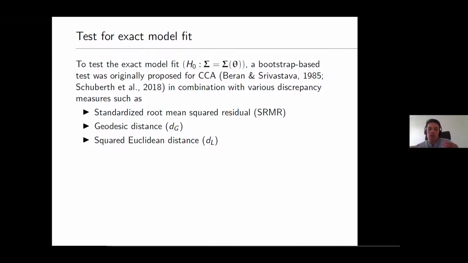These discrepancy measures measure the discrepancy between the sample variance covariance matrix of the observed variables and the estimated model implied variance covariance matrix. With the help of that, we want to draw conclusions about our null hypothesis, that the model perfectly explains the correlational structure of the observed variables.